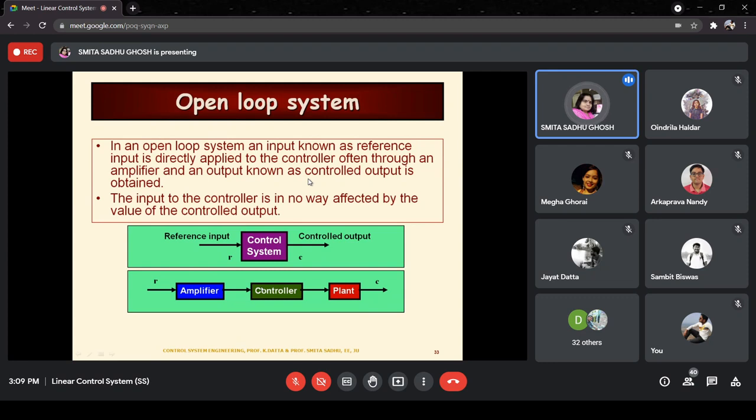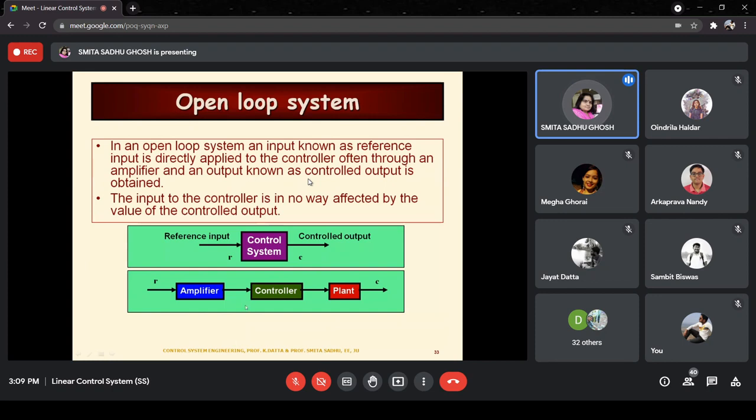So the reference input via the amplifier goes to the controller. The controller is of importance in the sense that it is the component, which could be hardware or software, even a simple program. The output of the controller is going to send some signal to the plant. The controller generates the signal which is going to make changes in the plant response.